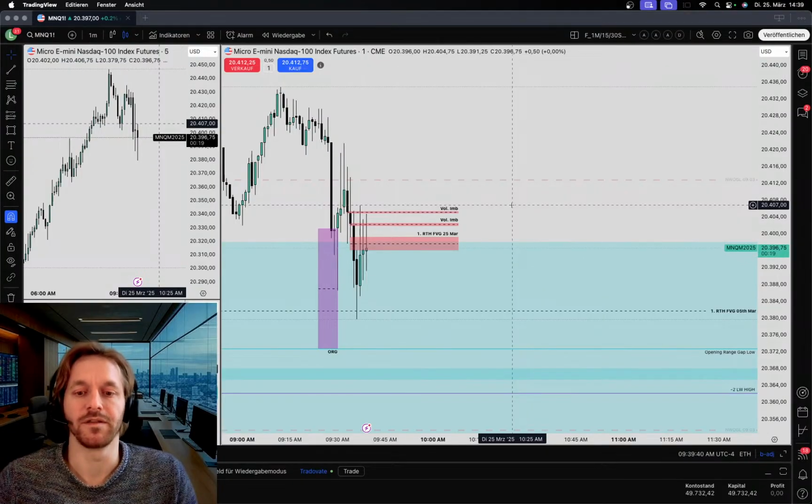So bodies are not able to close even inside of the first return of value gap so far. Let's see.